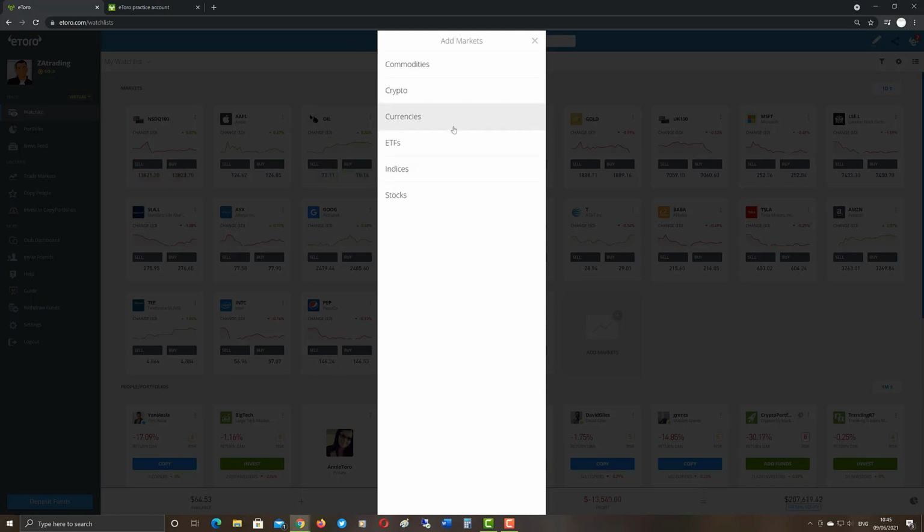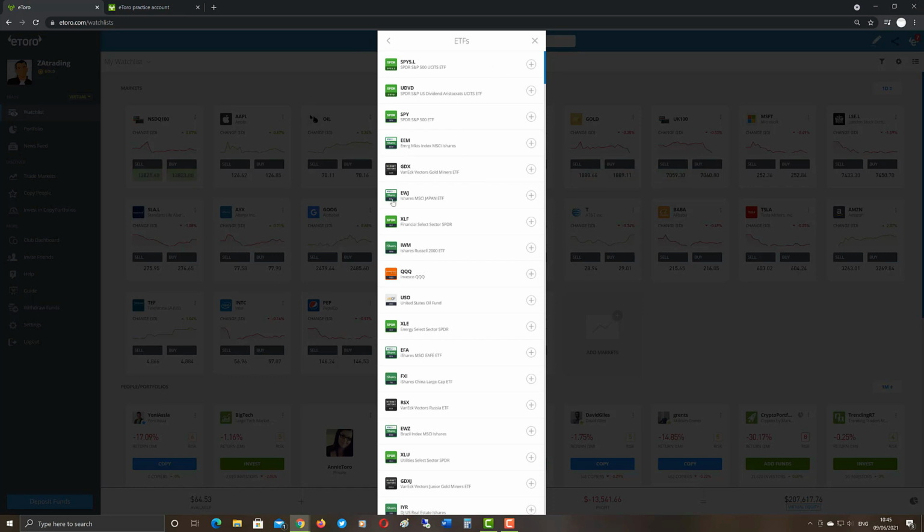So you can say, okay, these are the ETFs. Just to give you a brief introduction, ETFs are exchange traded funds. These are an amalgamation of a number of similar types of stocks held by a fund manager somewhere, and that fund manager then makes that fund available on eToro, which you can then invest in. Let's say we wanted to add the United States Oil Fund.